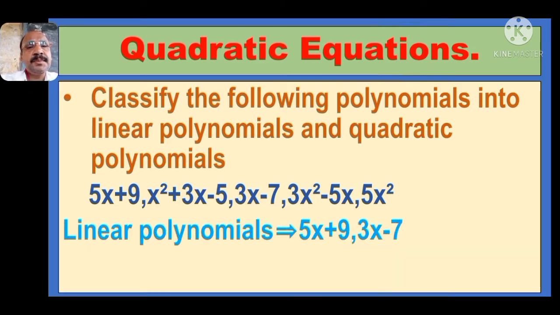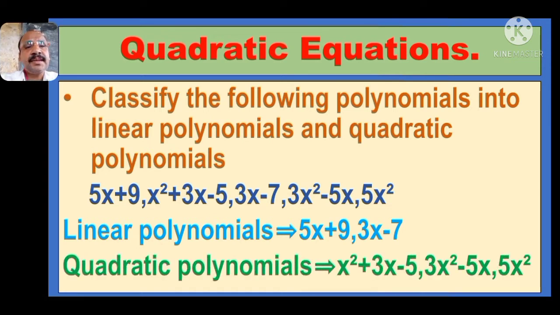In this group, 5x + 9 and 3x - 7 are linear polynomials. x² + 3x - 5, 3x² - 5x, and 5x² are quadratic polynomials.